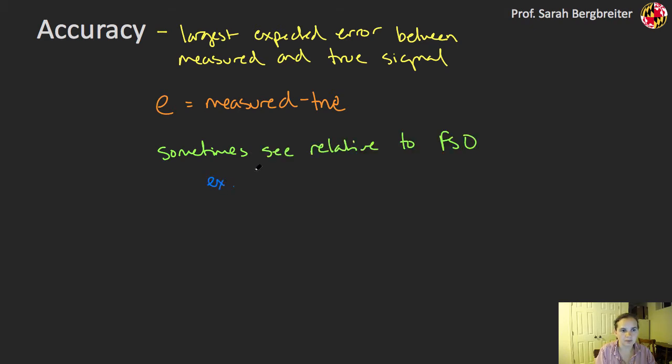So for example, if you saw that the accuracy was defined as 1% FSO, and if you know from elsewhere on that data sheet the full-scale operating range, say this is a temperature sensor, is 0 to 100 degrees C, then I would expect my accuracy, or that largest error, to be plus or minus 1 degree C.